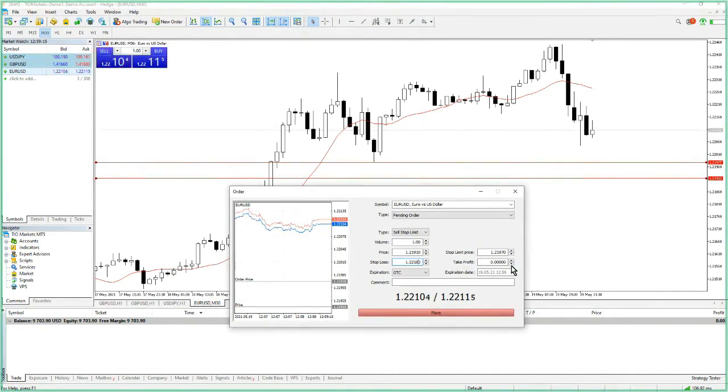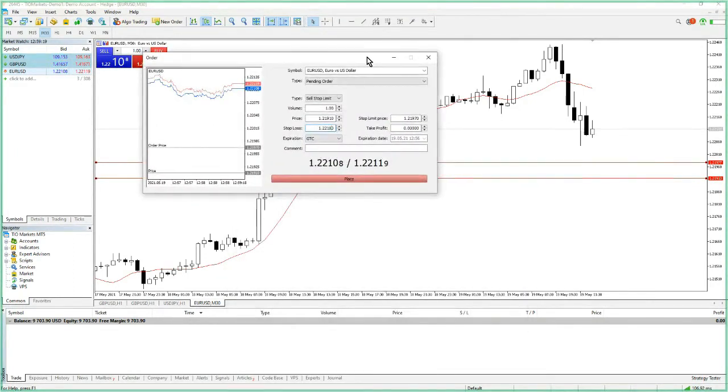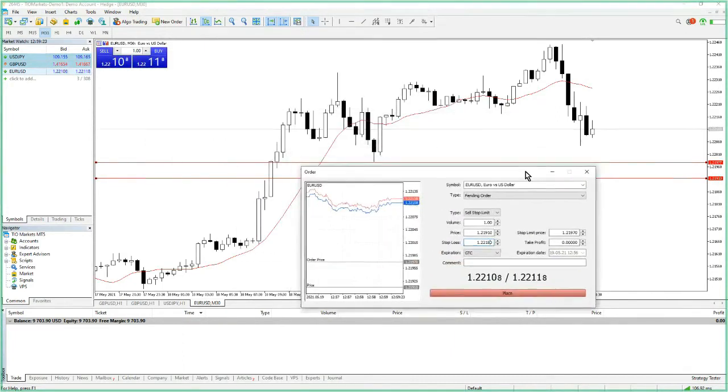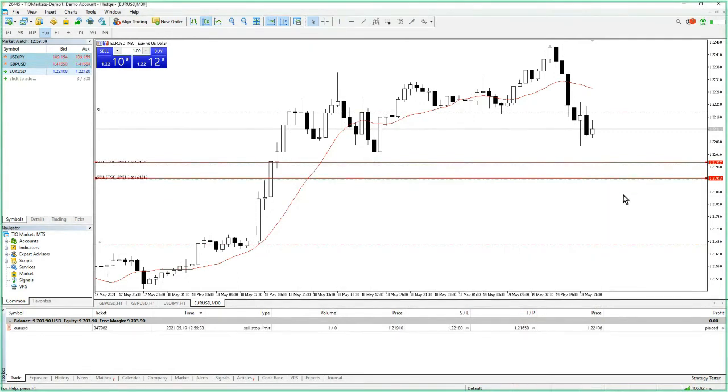And then the take profit somewhere, say about 21.65. And we place the order. Okay. And I'm going to take the lines off so that you can see the text.